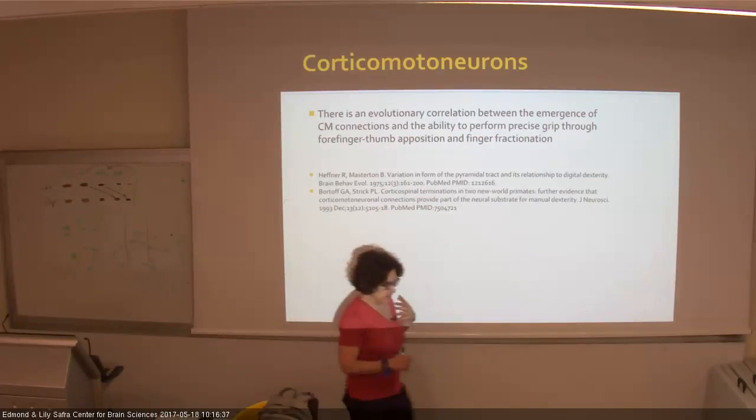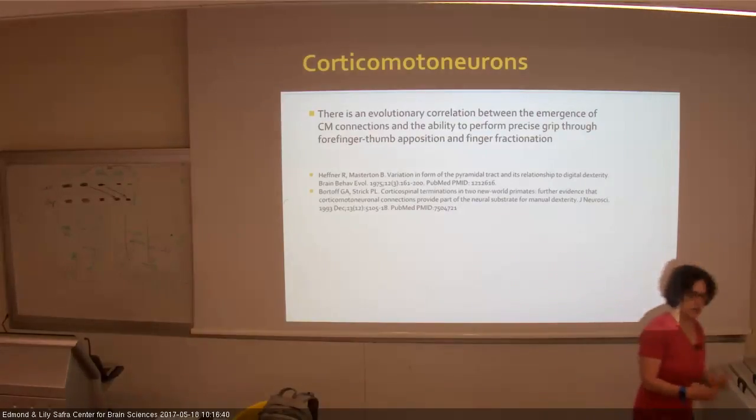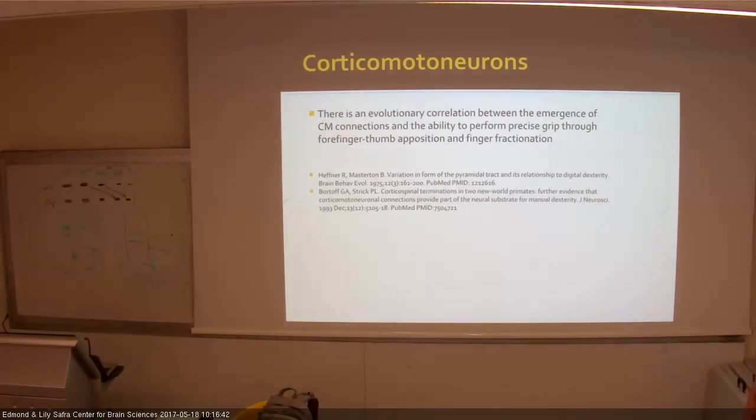Okay. But in cats, the entire system relies on corticospinal connectivity, and only interneurons have direct impact on motor neurons. But in primates and humans, there is the appearance of the corticomotoneuronal system, and this appearance actually has a very important functional significance, because people found an evolutionary correlation between the emergence of these corticomotoneurons and our ability to perform independent movement of the fingers.